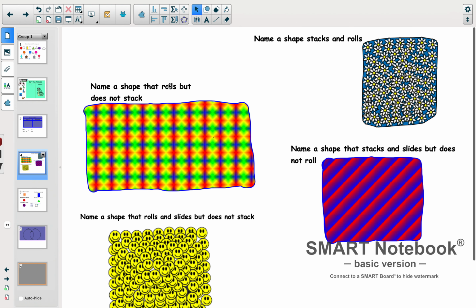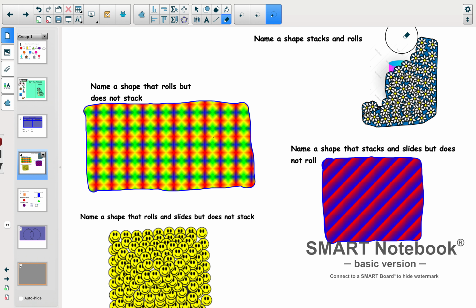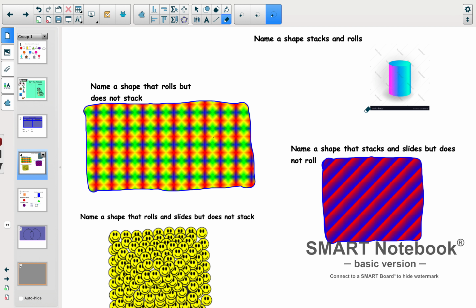Next, on slide 4, we have the reveal tool by erasing. So up here are prompts as to different shapes. Name a shape that can stack and rolls. So the students would have to name the shape, and then they could come up here and erase the shape to see what shape it was.